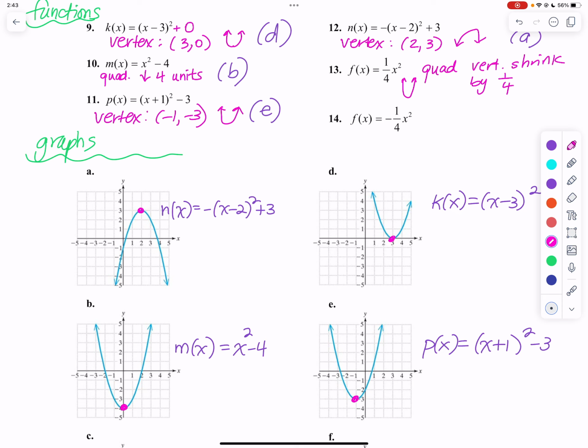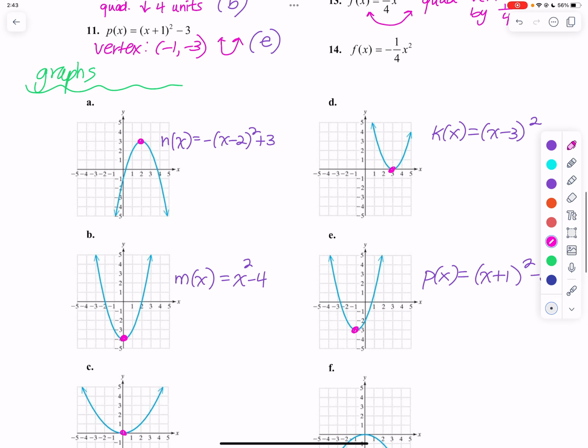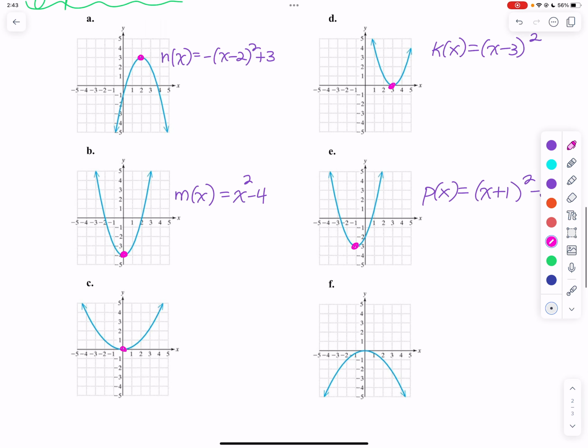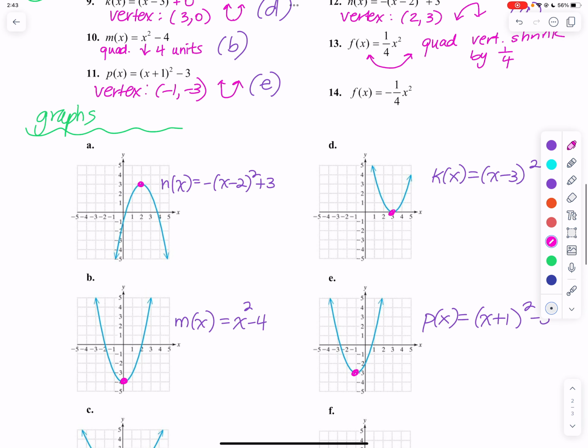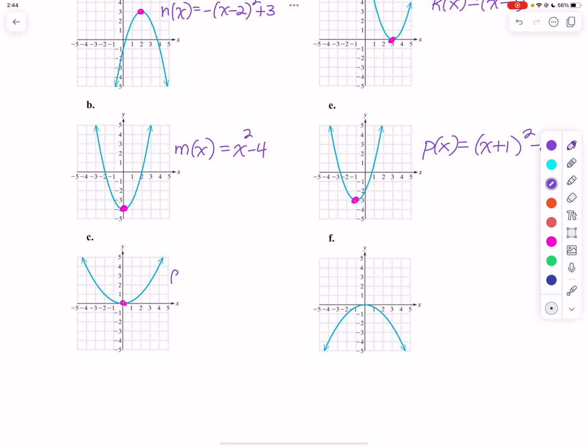So it's going to be very smushed, or it's going to be wide. The graph is going to widen. And as you can see, that's definitely 3. So this is 1/4 x squared. And we do know that this is going to open up, since a is positive. So 13 is f of x equals 1/4 x squared.